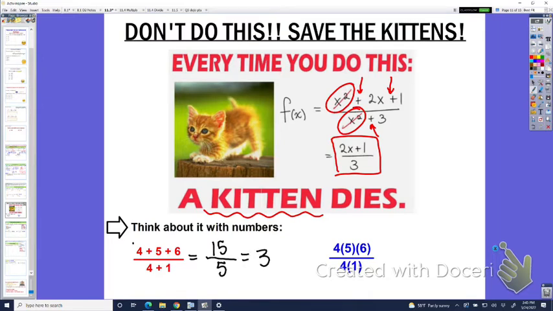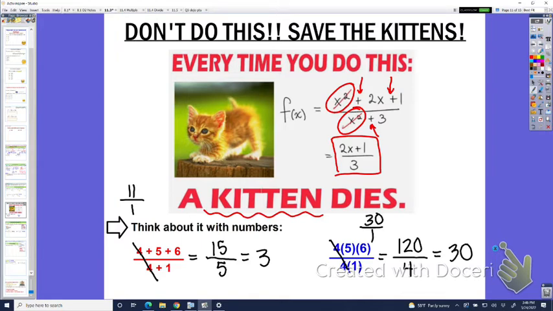Now if I think it's okay to cross out the 4s, now I have 11 over 1, and that is not the same thing as 3. If we look when we have factors, so 4 times 5 times 6 over 4 times 1, the bottom would be 4, 4 times 5 is 20, times 6 is 120, this is equal to a 30, and since they're all multiplying, I can cross away the 4s, and this would be 30 over 1.